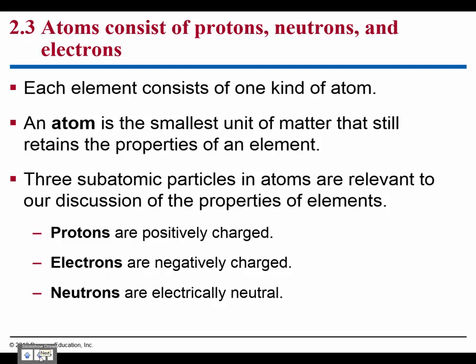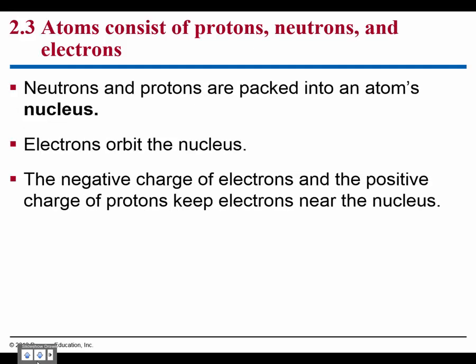When we get to a diagram, we'll talk a little bit more about that. So the neutrons and protons are in the nucleus, electrons orbit the nucleus, and interestingly enough, those electrons are traveling at the speed of light, and they are everywhere and nowhere at the same time. It's really kind of cool when you get to the physics of it.